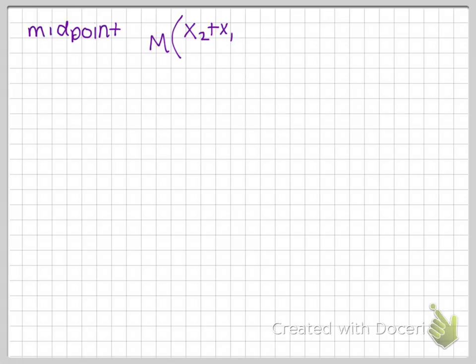And since you're trying to find the number that's in the middle of those two, you're trying to find the average. So you have two numbers, add them together, so you have to divide by 2. Then we have the y components, that's y2 plus y1 divided by 2. And then to get that other part, we just have to slap a z in there. So z2 plus z1 divided by 2. So that's how we're going to find the midpoint of those segments.